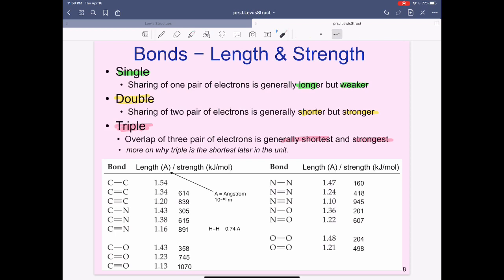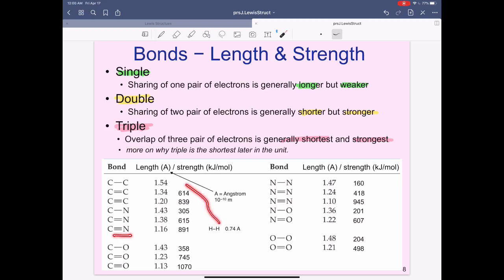Now that's not to say that any triple bond is always shorter than every single bond. As a comparison, I've represented the hydrogen single bond, which of course is much shorter than a carbon-nitrogen triple bond because the hydrogen atoms are so small, the atoms are able to scooch close together, producing a much shorter bond than even this triple bond.